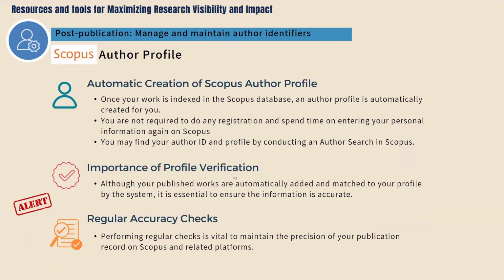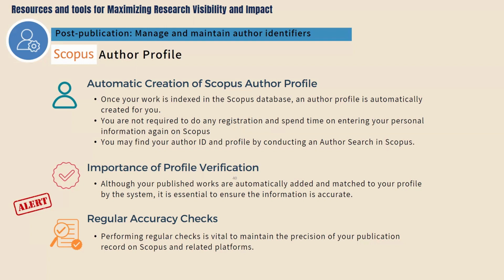Okay, now let's discuss the Scopus author profile. When your work is indexed in Scopus, an author profile is automatically generated for you, eliminating the need for registration or re-entering your personal details. Your author ID and profile can be located through an author search on Scopus.